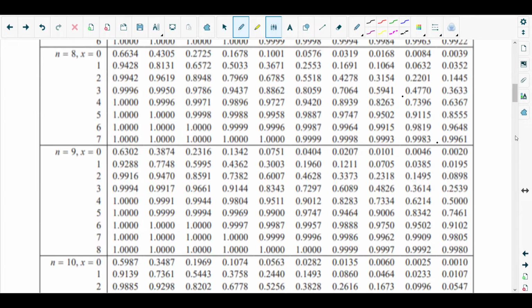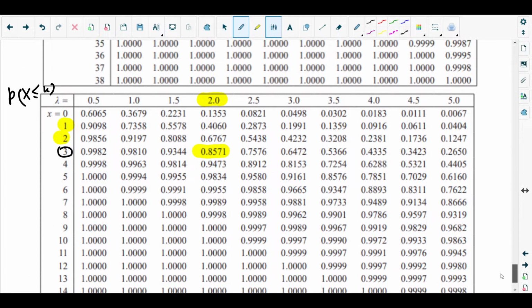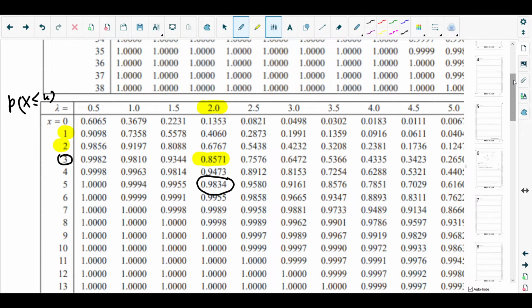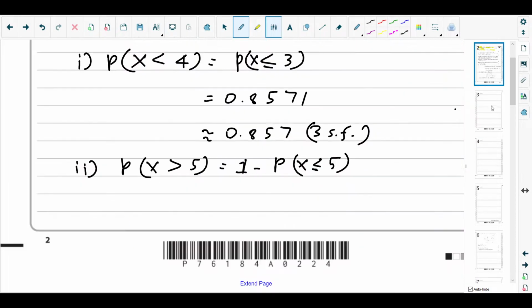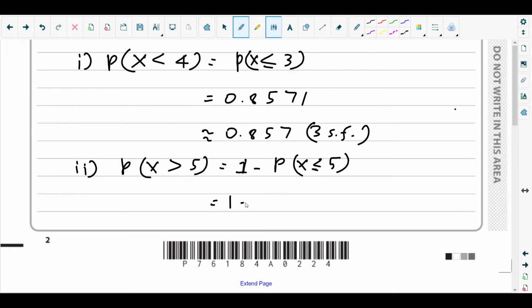Okay, let's see. We need X less than or equal to 5, right? Lambda is 2, so follow through the previous lambda. 0.9834. So this is 1 minus 0.9834.